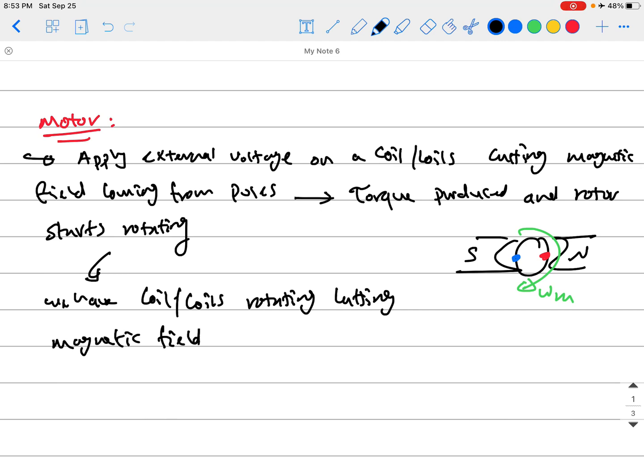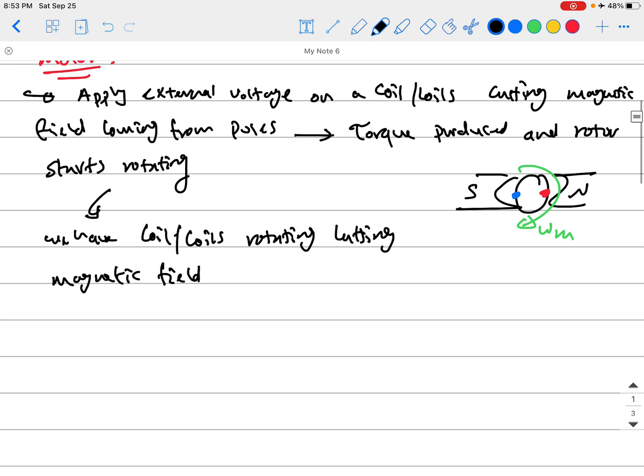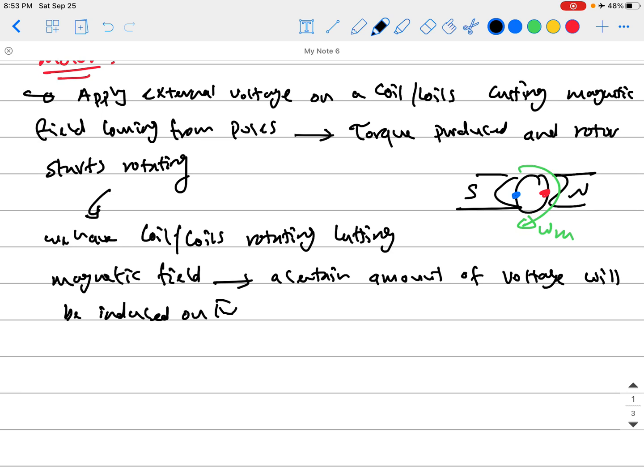And this reminds us of the conditions we need to get a generator. To get a generator, you need a coil moving inside a magnetic field, and that will give you a certain amount of voltage induced on the coils, which opposes the external applied voltage.